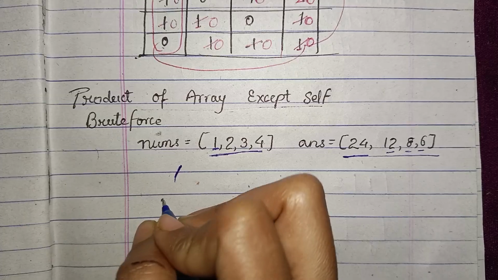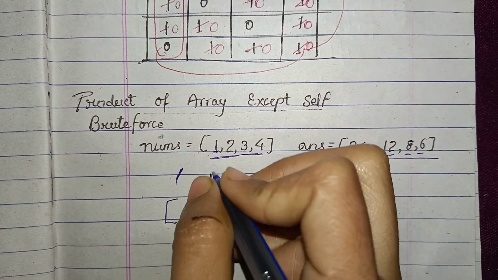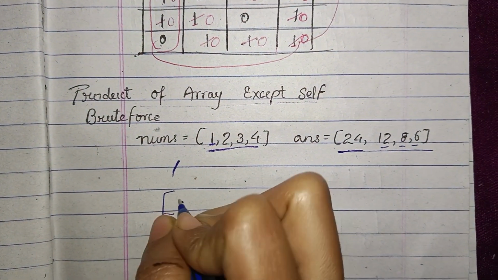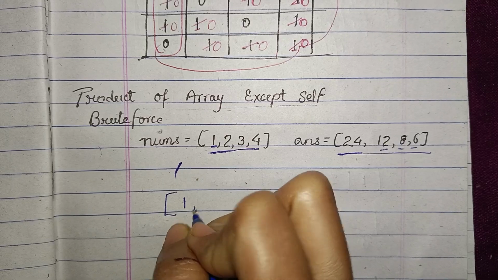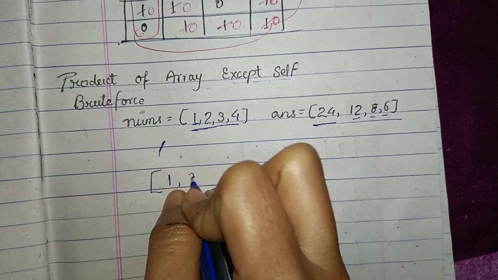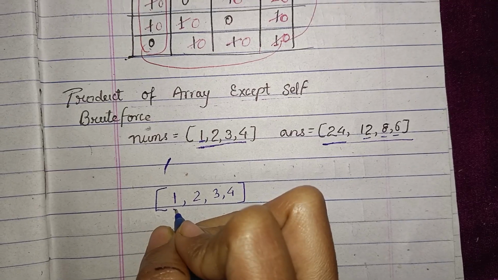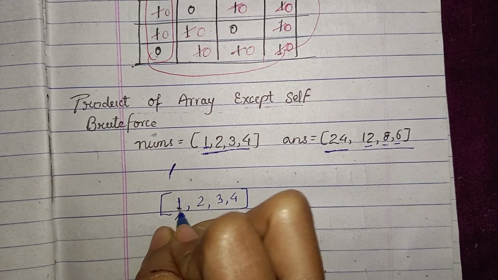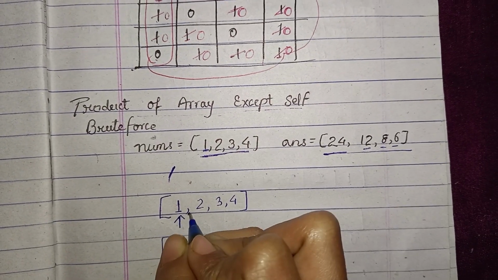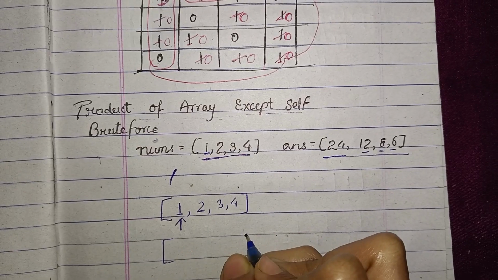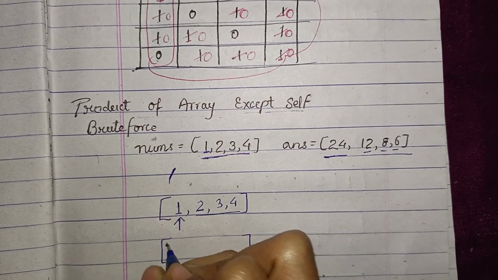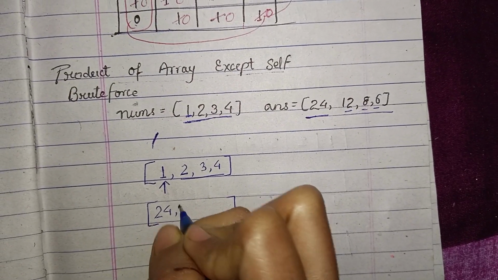We can do it like this. In the place of 1, 2, 3, 4, we have to do it like this: when we are at this position in the array, we can only use the others, so its product will be this.